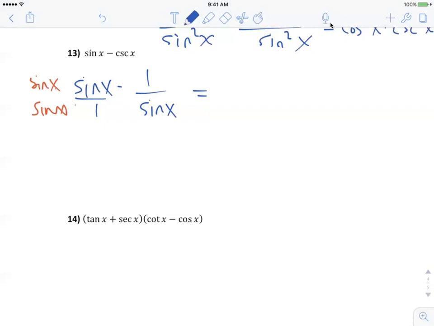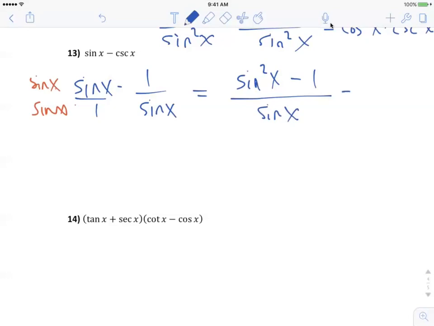All right. Combine these. So at the top, I have sine times sine, that's sine squared, and then minus 1, all over your common denominator, which is just sine x. Okay. And then sine squared minus 1, well, it's kind of like 1 minus sine squared, which is cosine squared, but it's reversed.